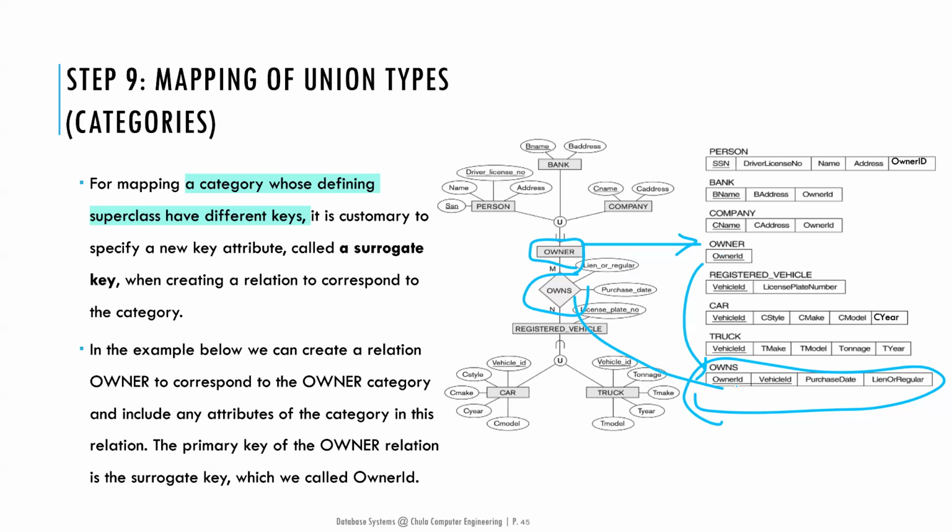So to map this, you have to specify a new key attribute called a surrogate key. A new one that you have to create. You have to create it because by itself, when you say owner here, it doesn't have its own specific key. Let me show you this.